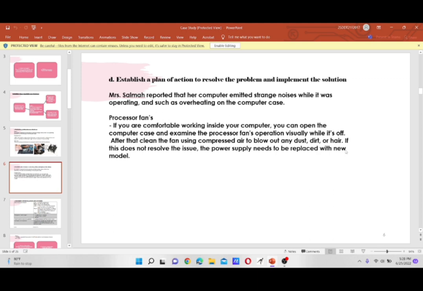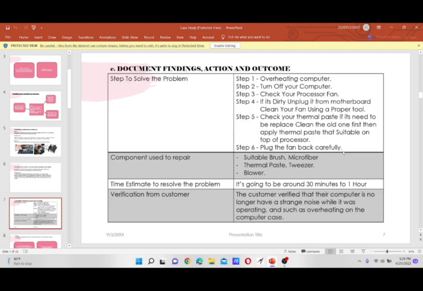After that, clean the fan using compressed air to blow out any dust, dirt, or hair. If this does not resolve the issue, the power supply needs to be replaced with new model. Document findings, action, and outcome.